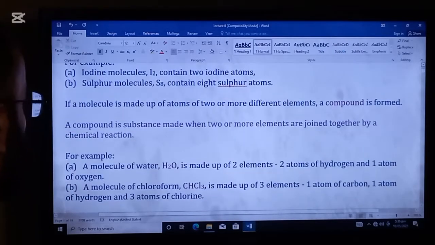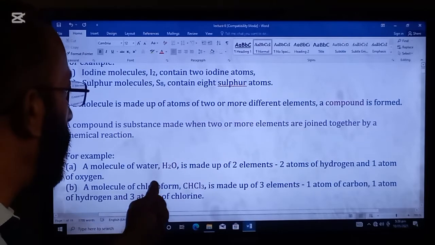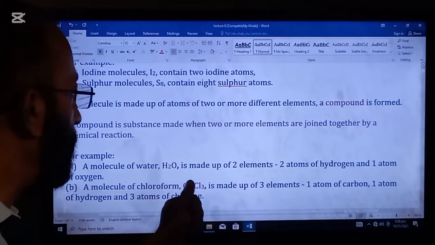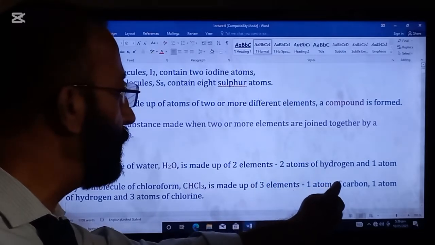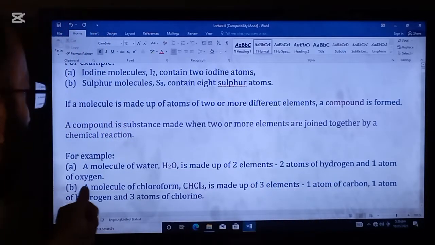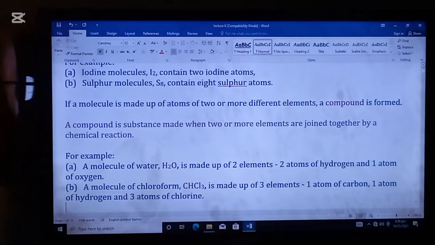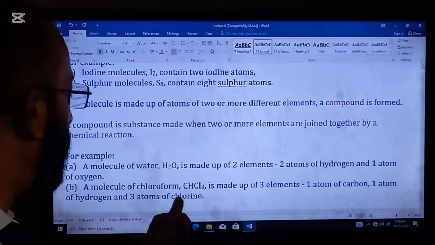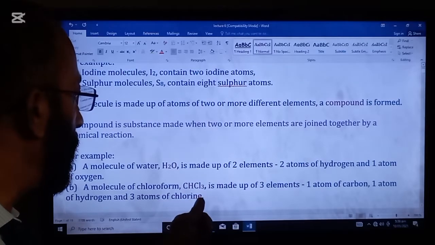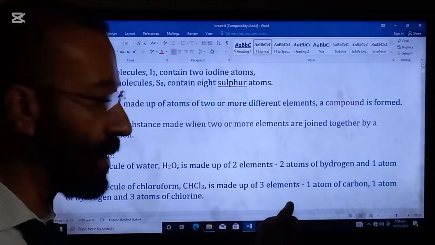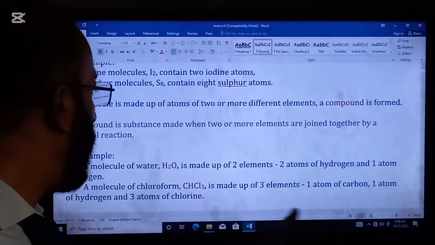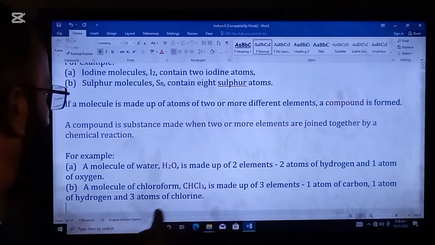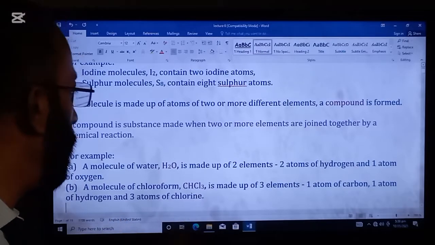For example, a molecule of water, H2O, is made up of two elements, two atoms of hydrogen and one atom of oxygen. A molecule of chloroform, formula is CHCl3, is made up of three elements, one atom of carbon, one atom of hydrogen, and three atoms of chlorine.